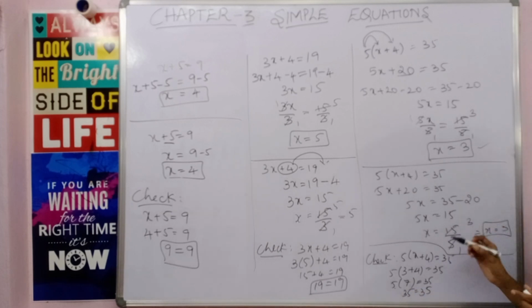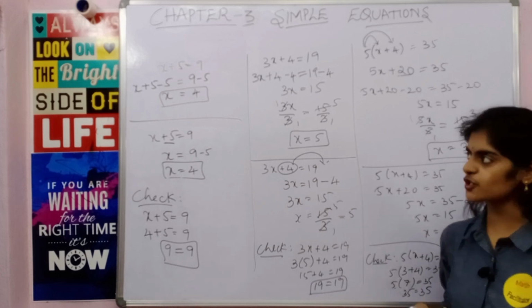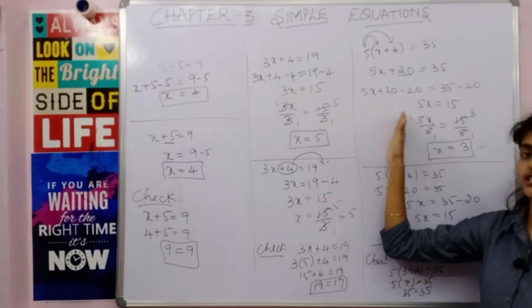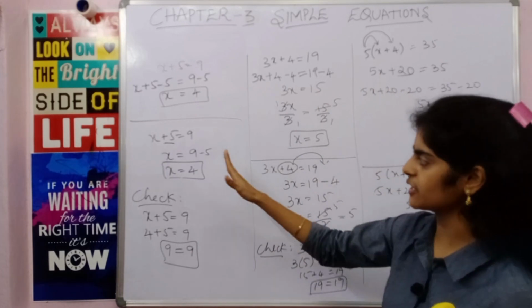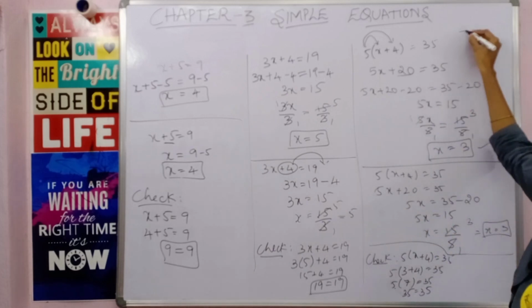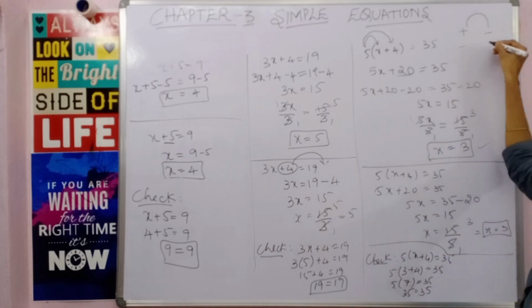Okay, so any problem, if in the question it is asked to solve without transposing, you will solve it in this method. If it is asked to solve with transposing, you will solve it in this method. Clear? So for with transposing, you have to remember plus becomes minus, minus becomes plus.